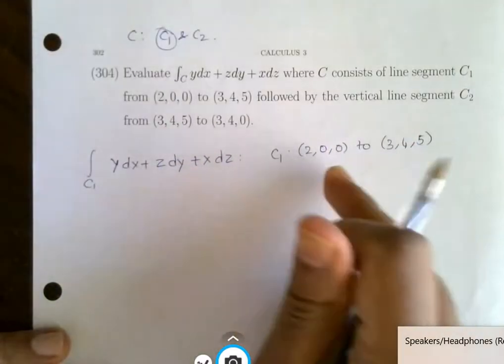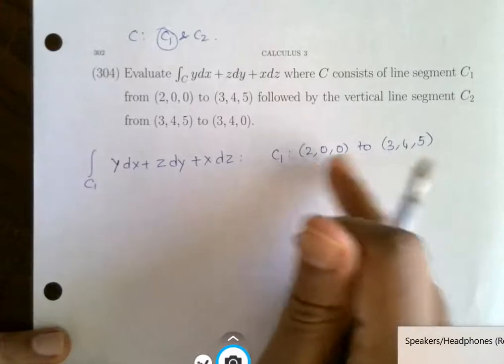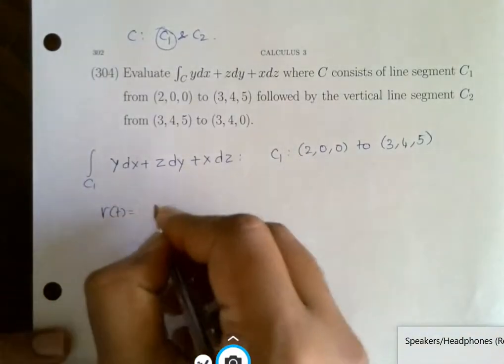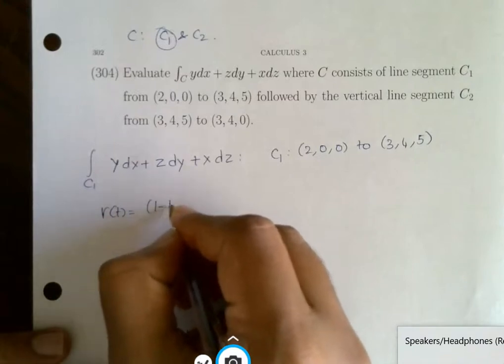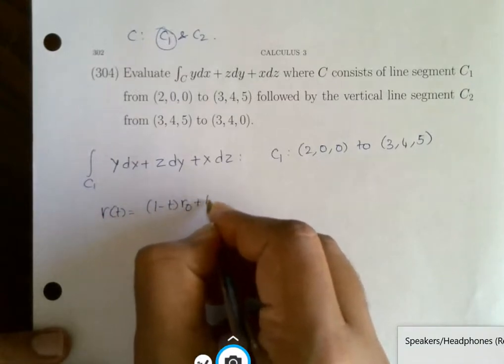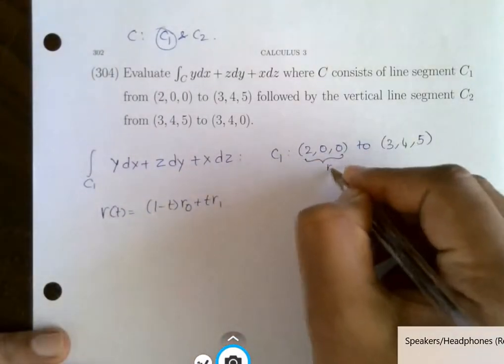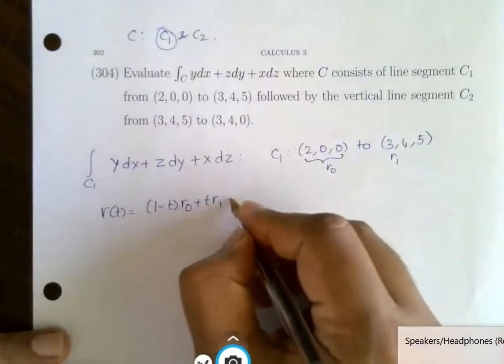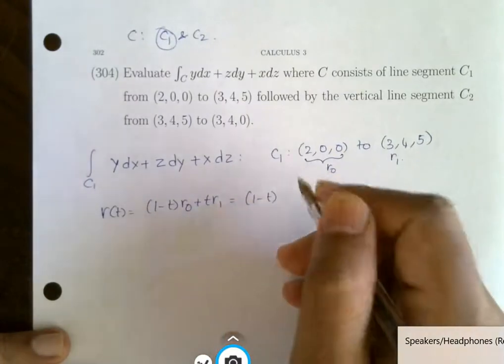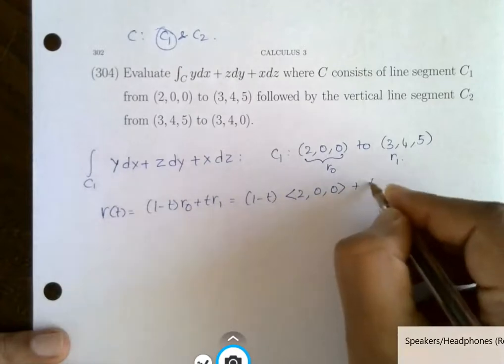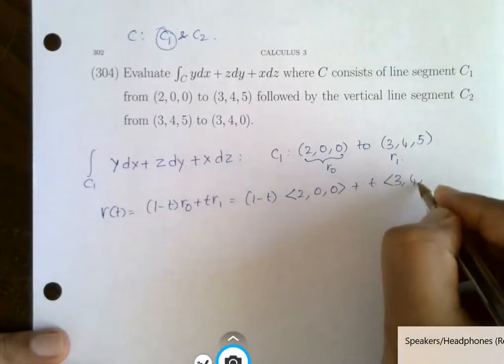You know the line joining these two would be r of t equals (1 minus t) r naught plus t times r1. So this is your r naught, that is your r1, so that's going to be (1 minus t) times (2, 0, 0) plus t times (3, 4, 5).